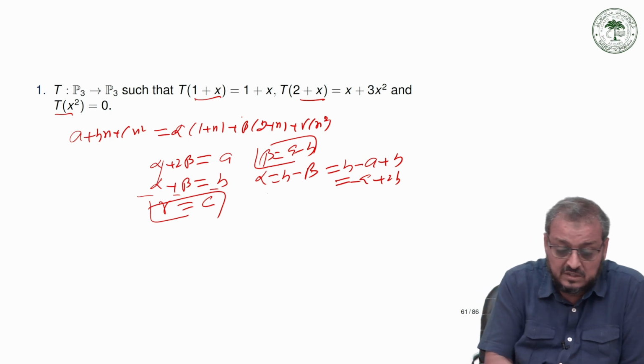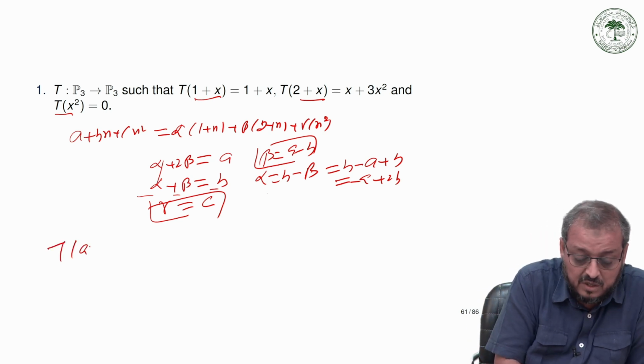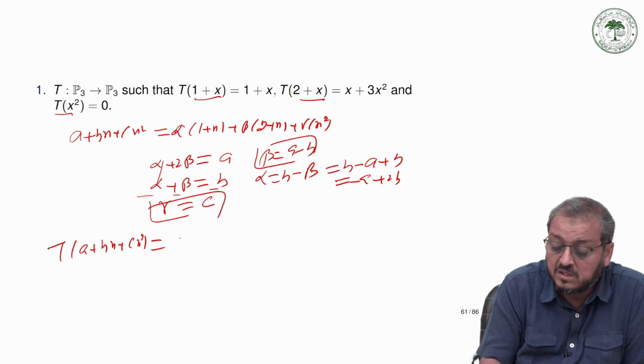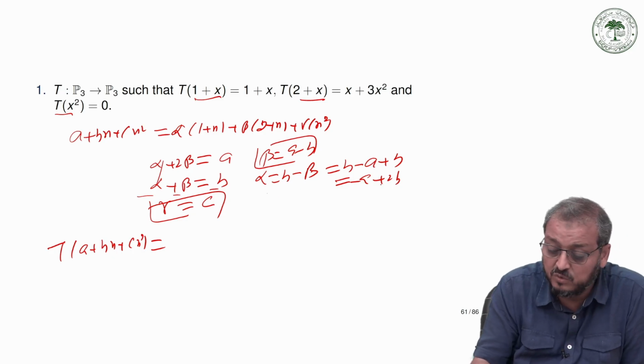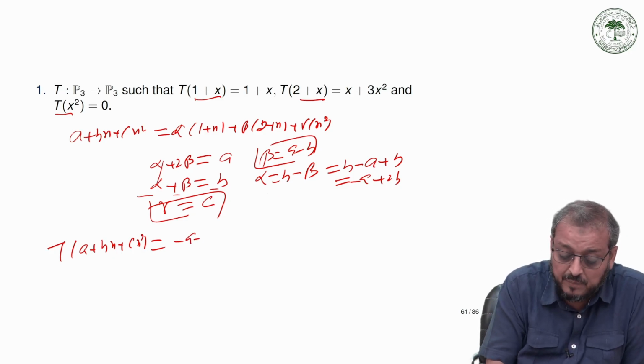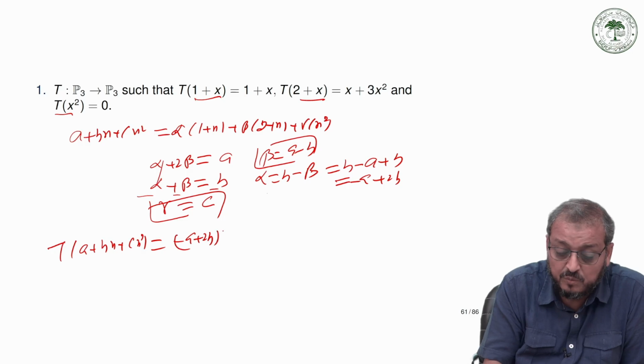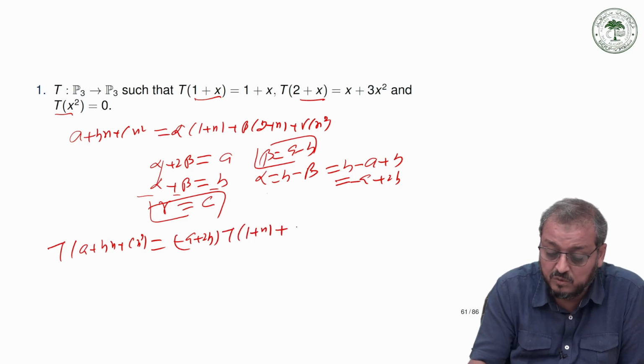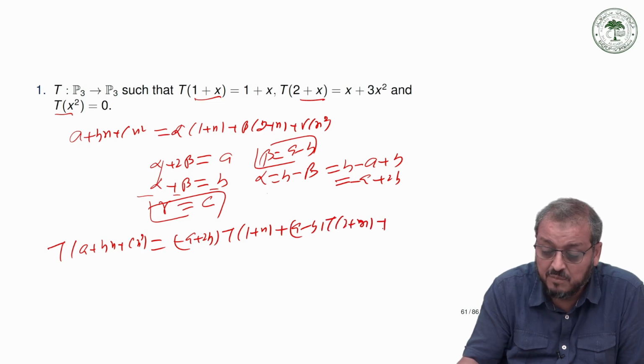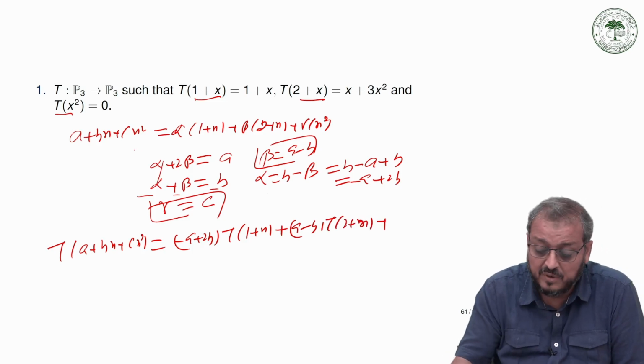This can be written in the form of T(a + bx + cx²) = αT(1 + x) + βT(2 + x) + γT(x²), where α = −a + 2b, β = a − b, and γ = c.